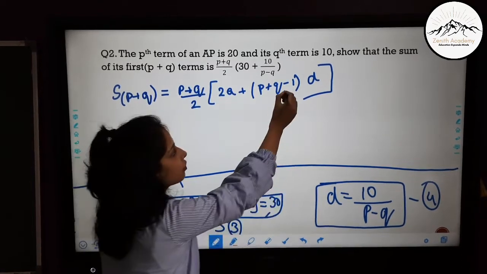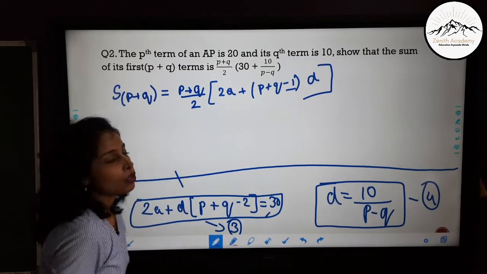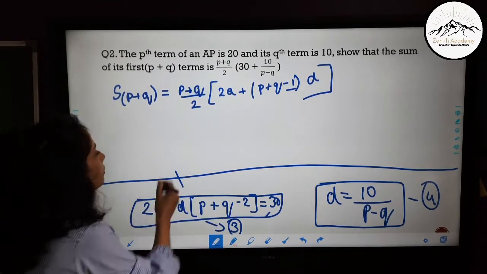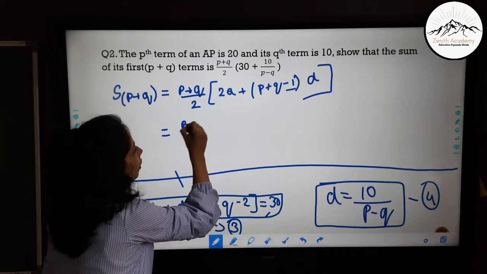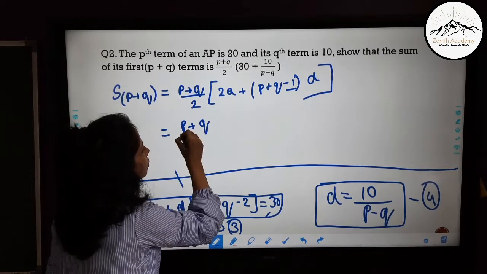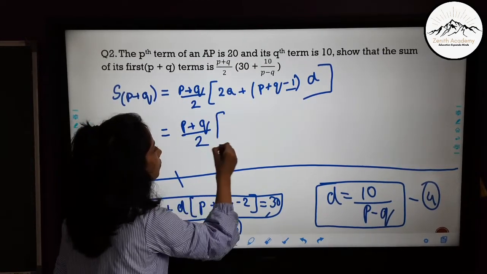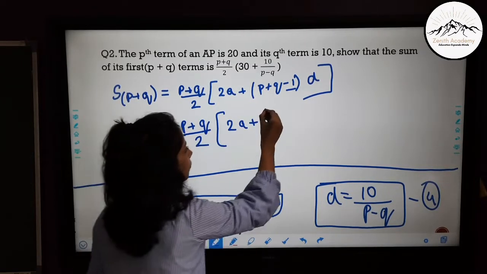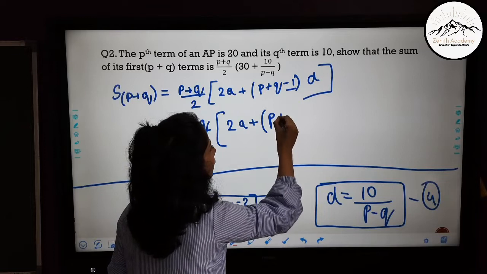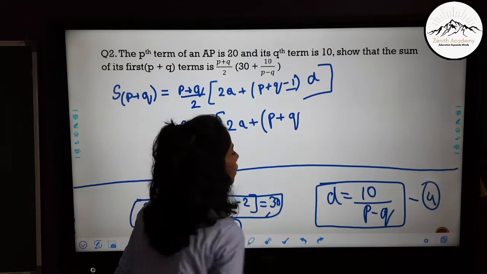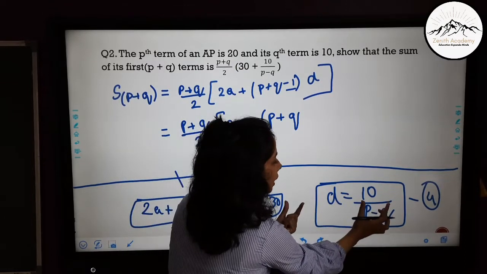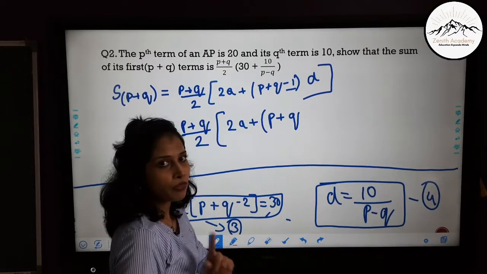So now here we have q minus 1. So how can we make it p plus q minus 2? P plus q by 2, 2a plus p plus q. We need 30, we also need 10 upon p minus q, that is an extra value of d as well.